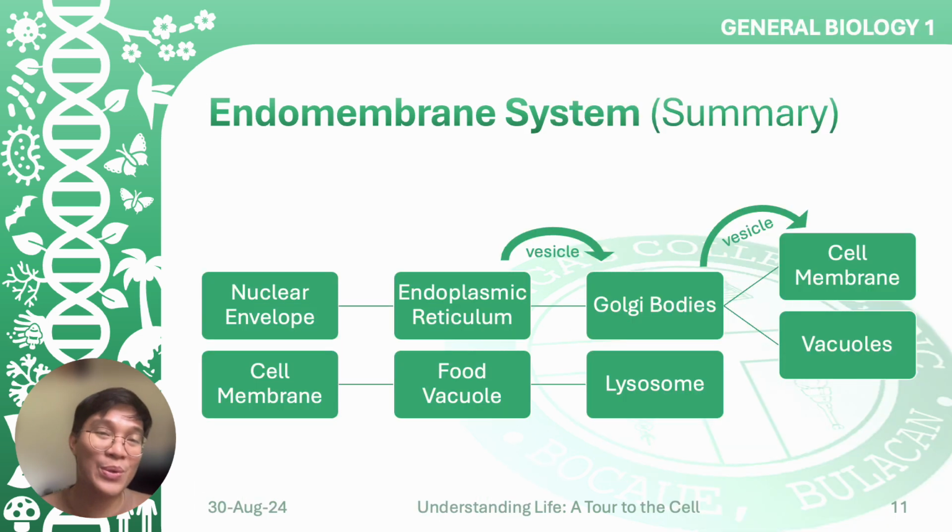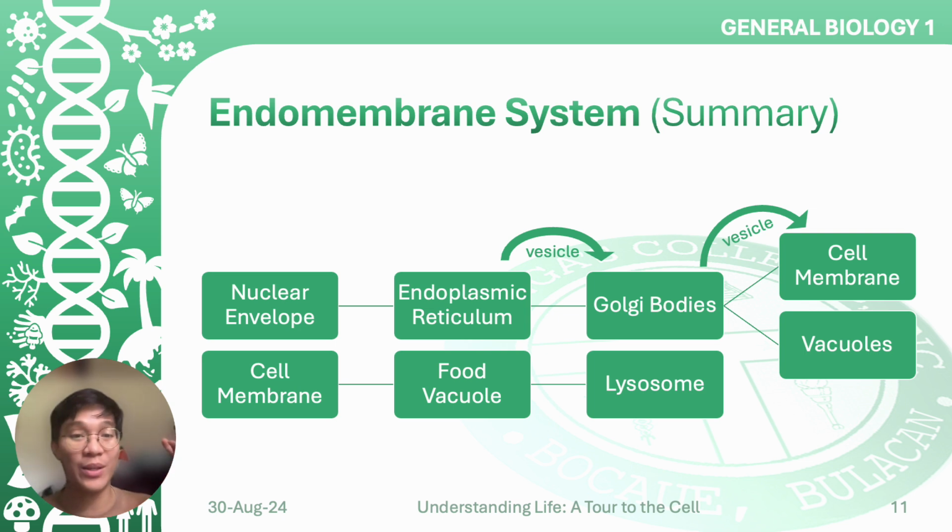Okay? So, in summary, we have here the pathways in which your proteins are delivered and processed throughout the cell. So take note, for ribosomes to manufacture their proteins, they need to get their message from the DNA.